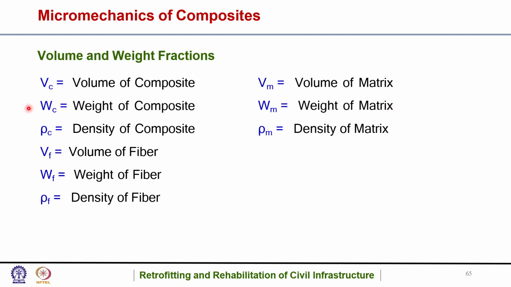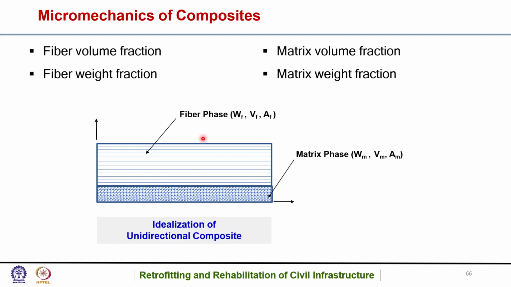These are some of the terminologies involved for the calculations and derivations: volume and weight fractions. Capital VC is the volume of composite, capital WC is the weight of composite, rho C is the density of composite, capital VF is the volume of fiber, capital WF is the weight of fiber, rho F is the density of fiber, capital VM is the volume of matrix, capital WM is the weight of matrix, rho M is the density of matrix.